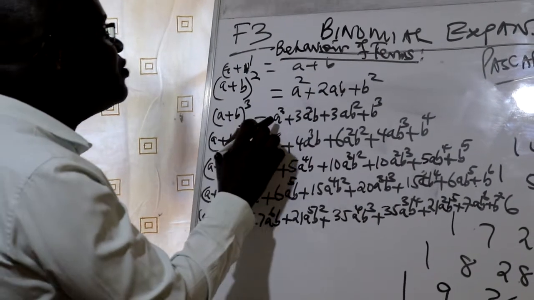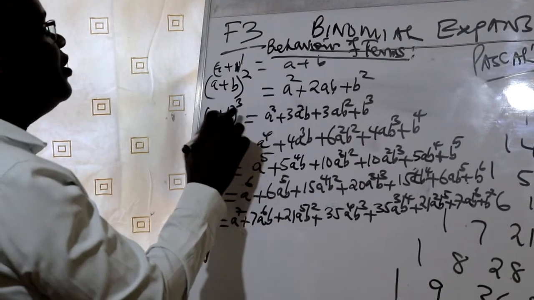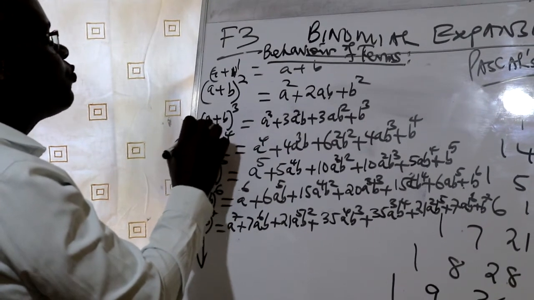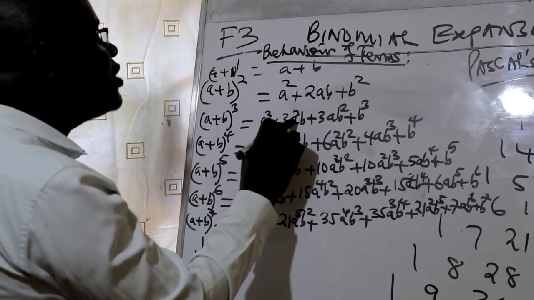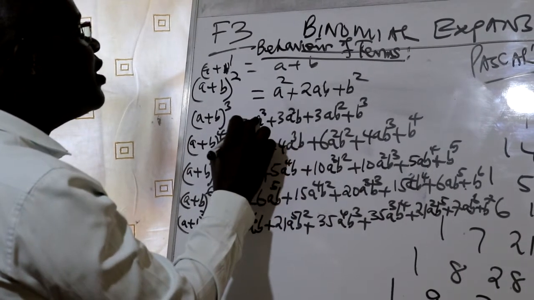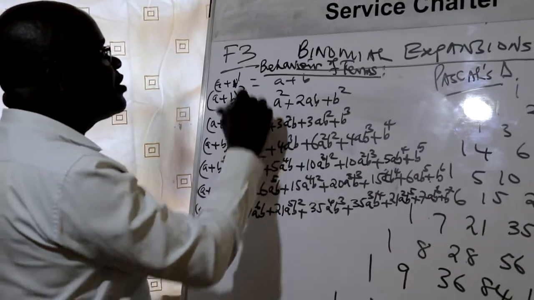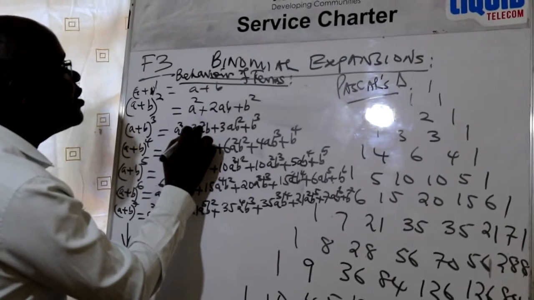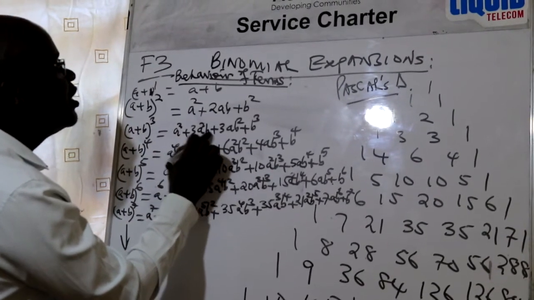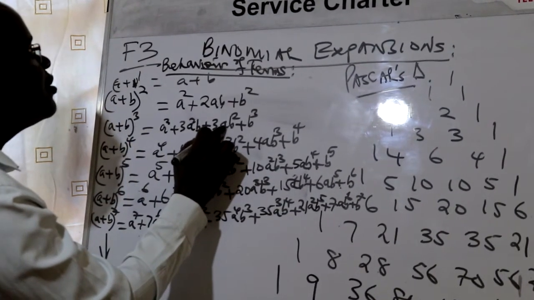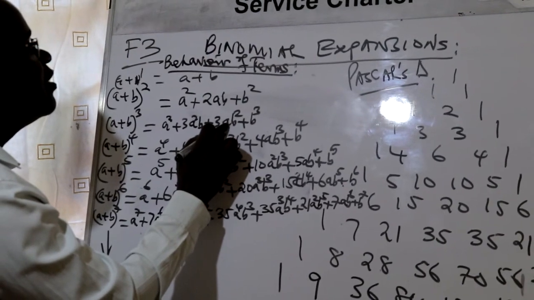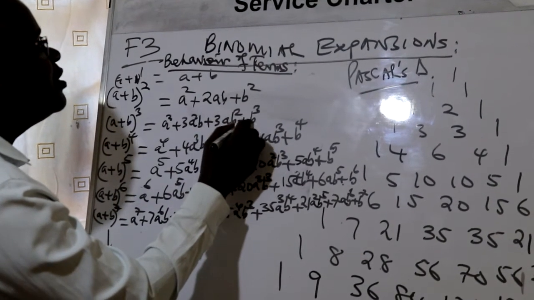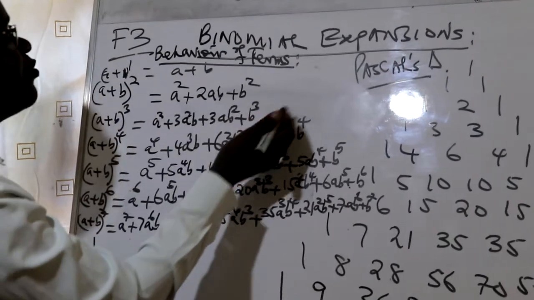Let us see what happens with the third, the raised to 3. The first term is raised to external power 3. But in the second term, this is raised to 2. In the third term, this is raised to 1. In the last term, even the A is not there.